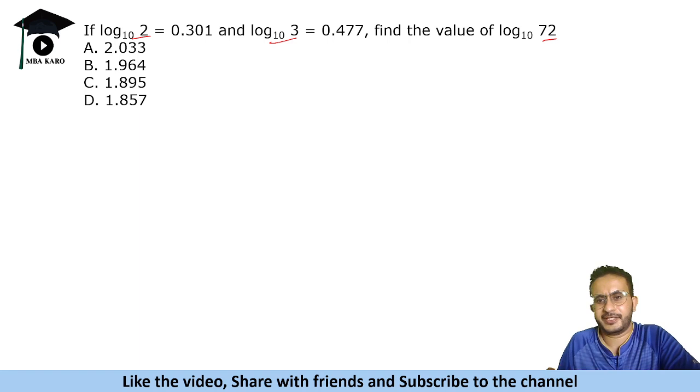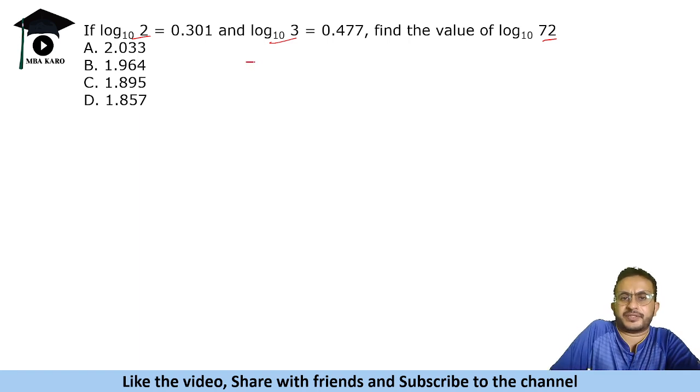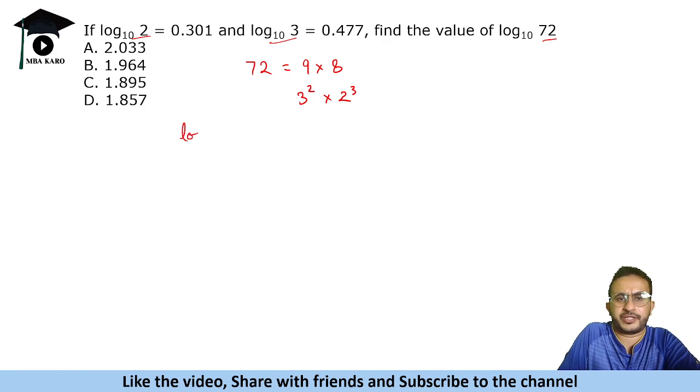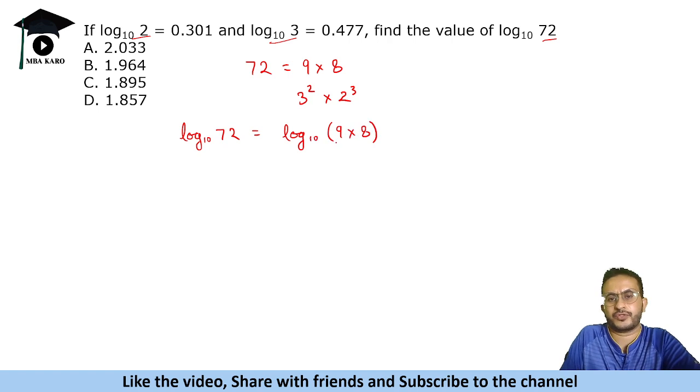You will say 3 into 2 is not 72. But 72 can be written as 9 into 8. 9 is 3 square, 8 is 2 cube. So if you have to find log 72, can we say that it is log 10? When we have multiplication, we can separate it in the form of addition.